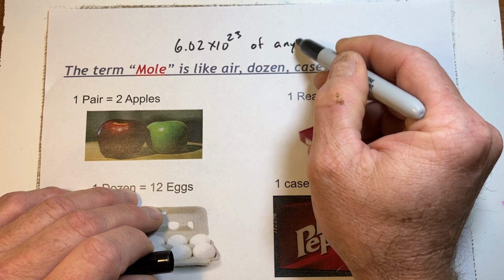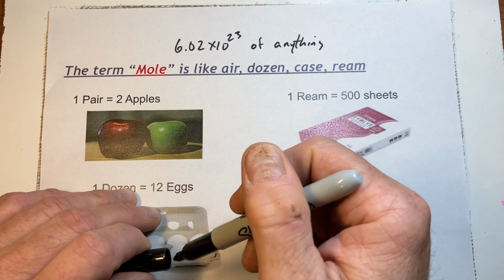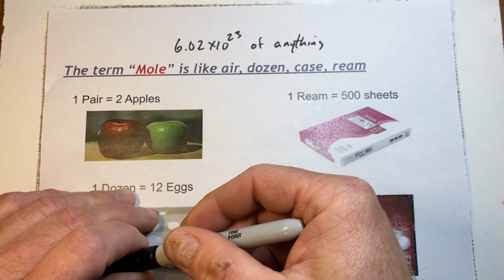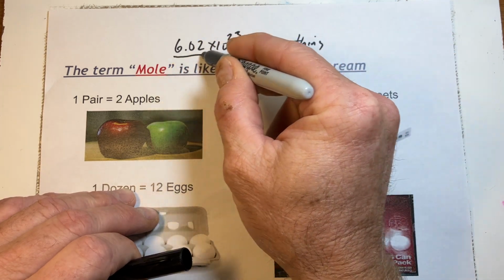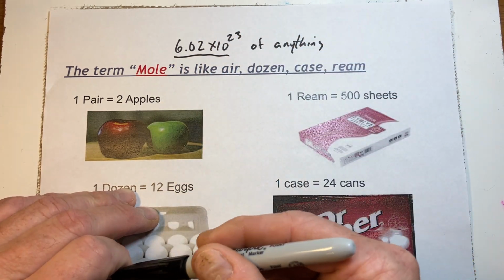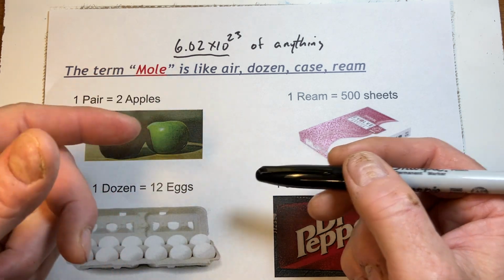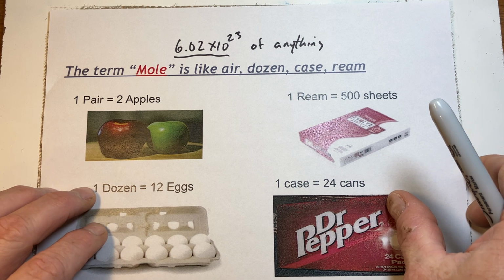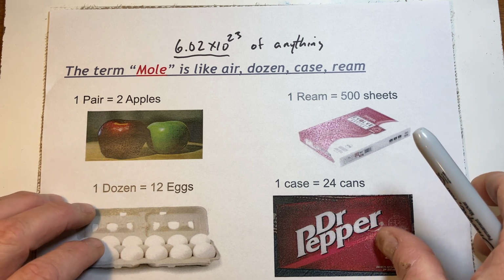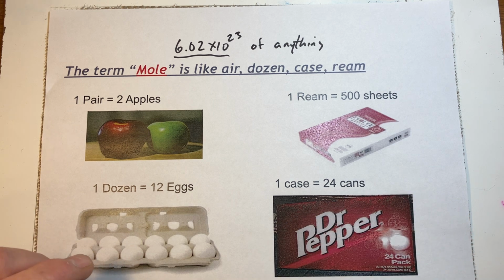We can have a ream of paper, which is like 500, a dozen eggs, a pair, but this is just a chemist's sort of grouping. A very large amount of atoms, because in order to see them, you need a grouping that's really big. So that's the idea of a mole. It's just a very large amount, and we bundle it together and call it a mole.